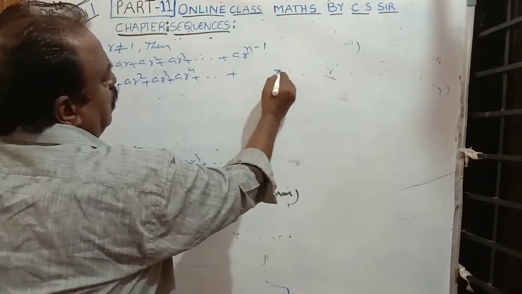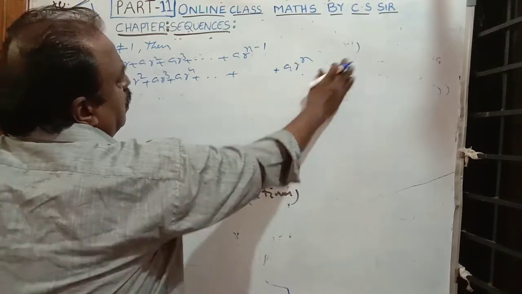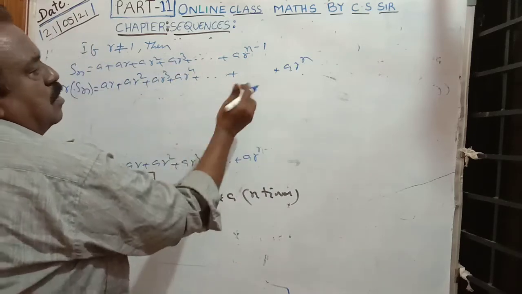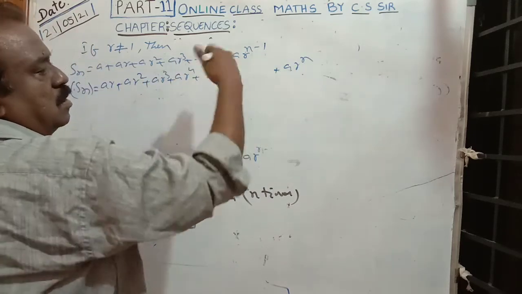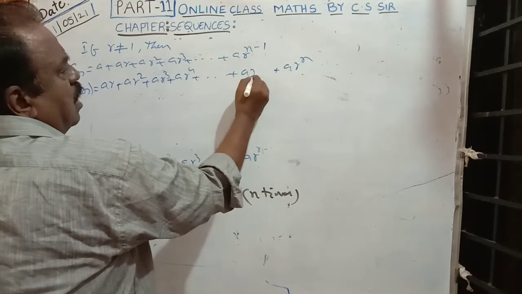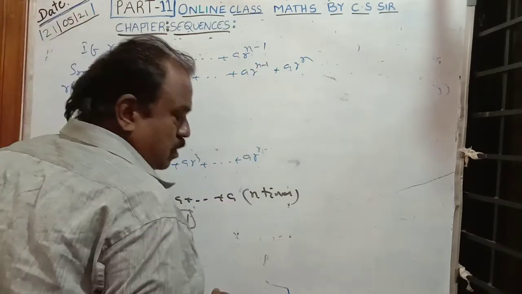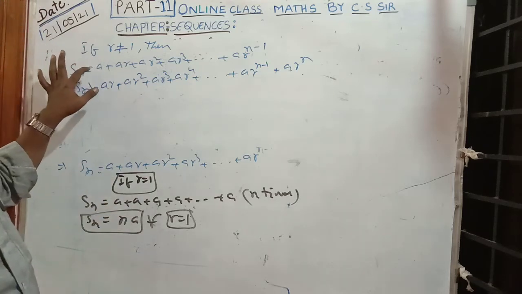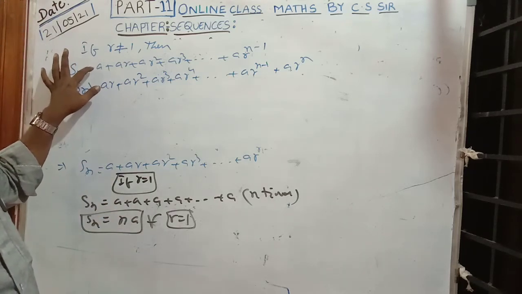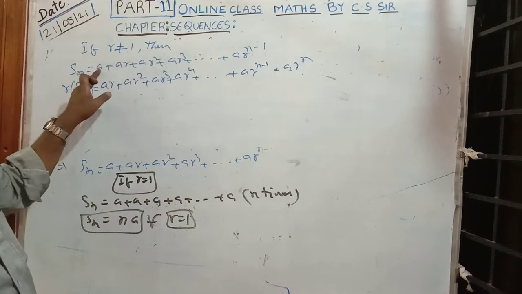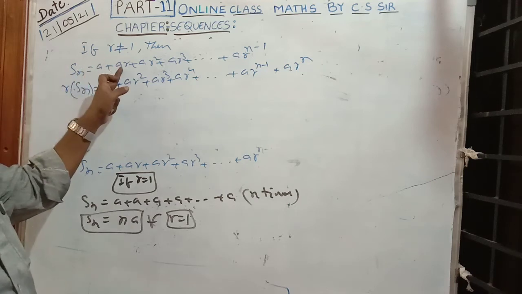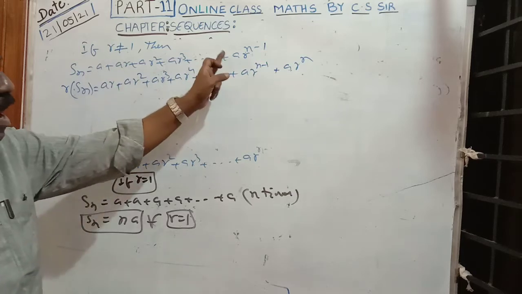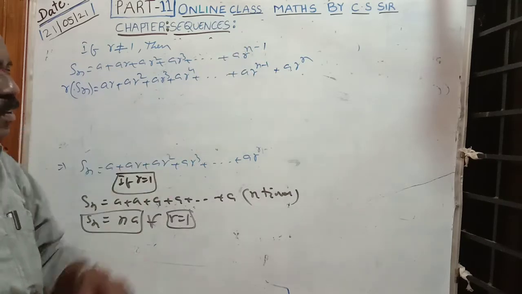The last term is ar^n, obtained by multiplying by r. What about the last but one? It is ar^(n-1). Don't get confused.